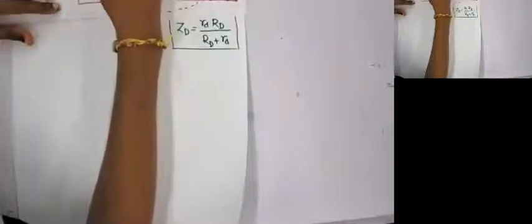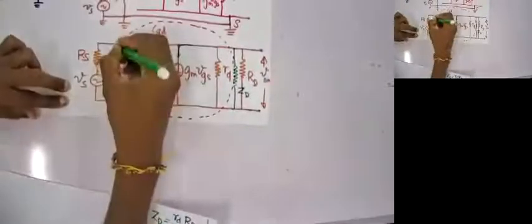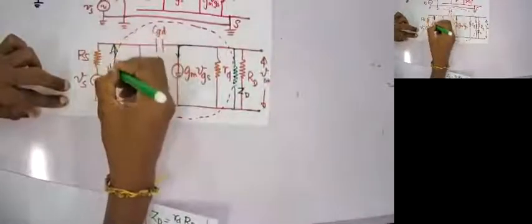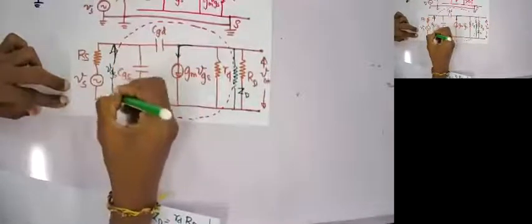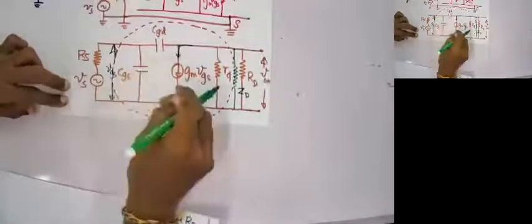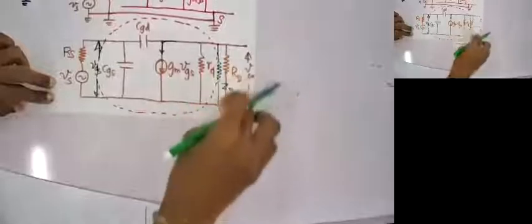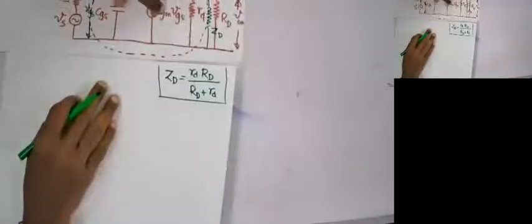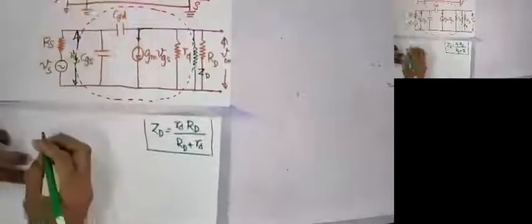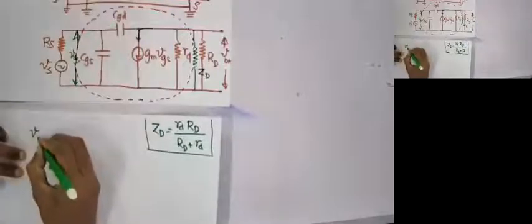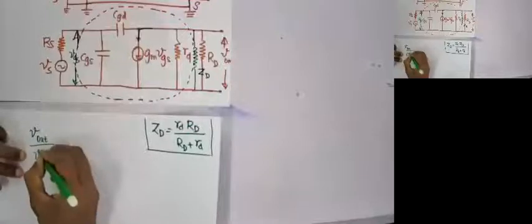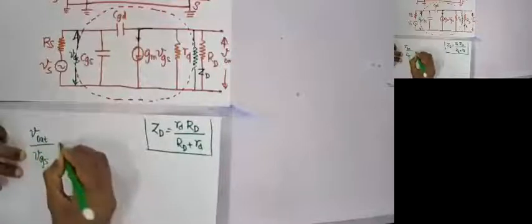So I can say that this is my VGS, CGS, and this is my VGS, and this is my V out, right? So before applying Miller's theorem, I need V out divided by VGS.